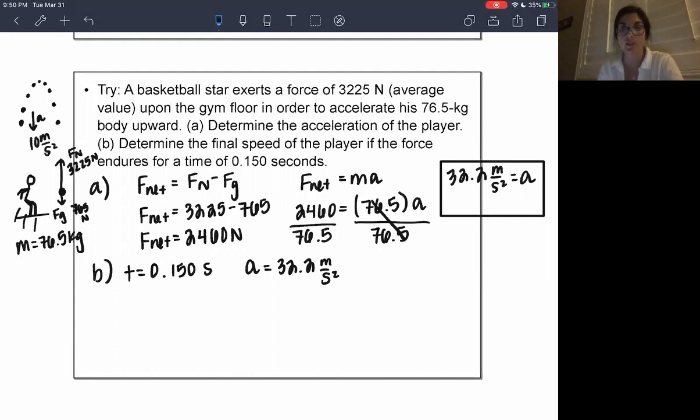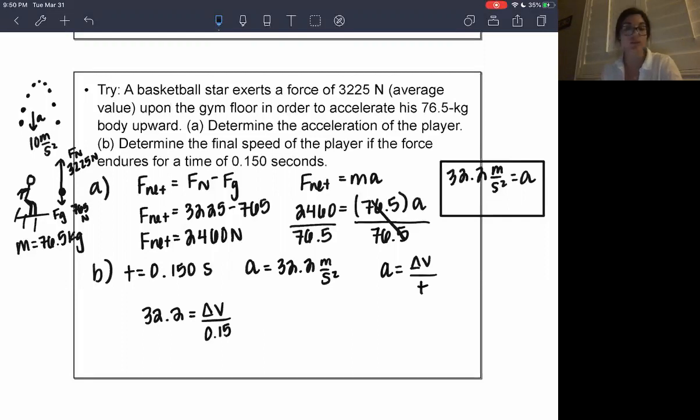He's obviously not accelerating off of the ground or moving with a vertical speed when he first starts jumping off the ground. So I need to use my equation. Acceleration equals change in velocity over time. Once I know my change in velocity, I know what his speed is going to be when he's leaving the ground. So I'm going to substitute in what I know and solve for my unknown. So I know my acceleration and I know my time.